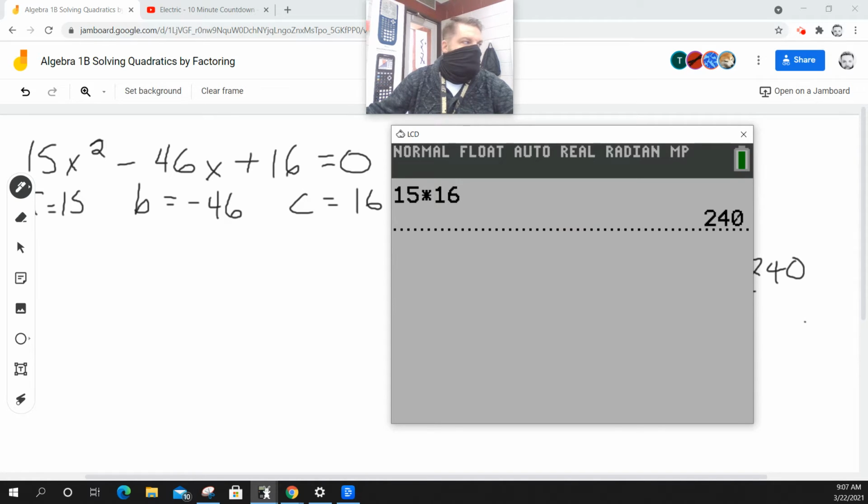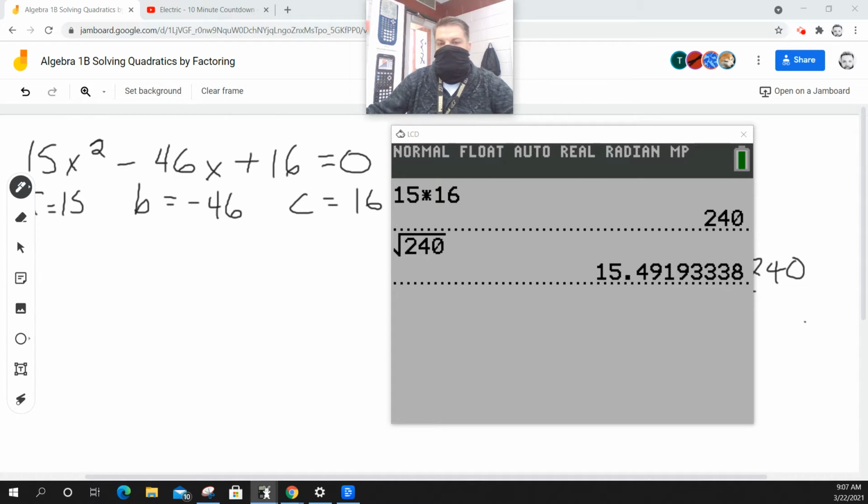One is to take 240 and take the square root of it. So if I take the square root of 240, it'll give me a starting point. All right, 15. So what I'm going to do is I'm going to say 240 divided by 15. All right, that's 15 times 16. If I add those up, it equals 31.